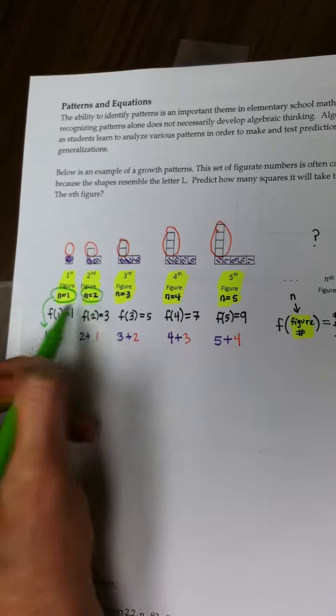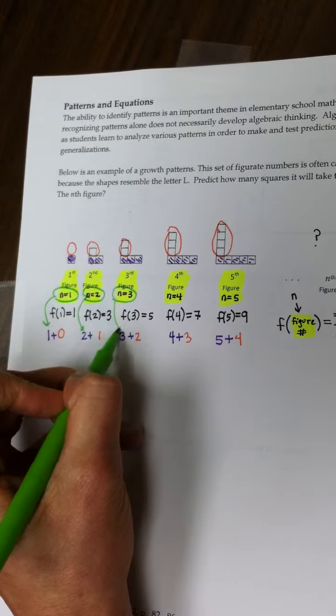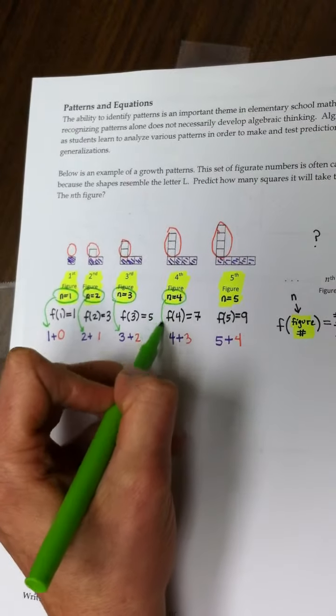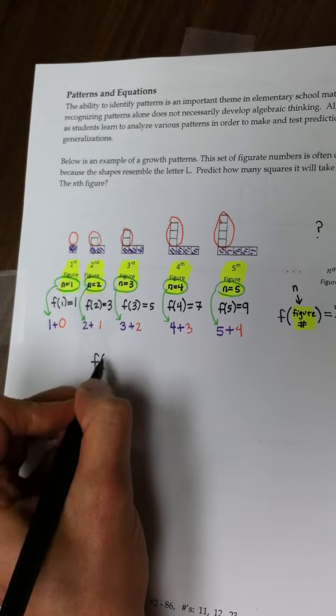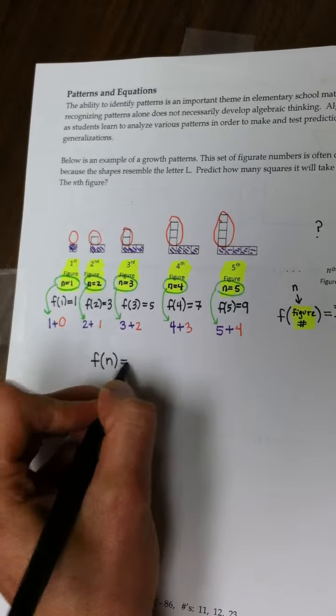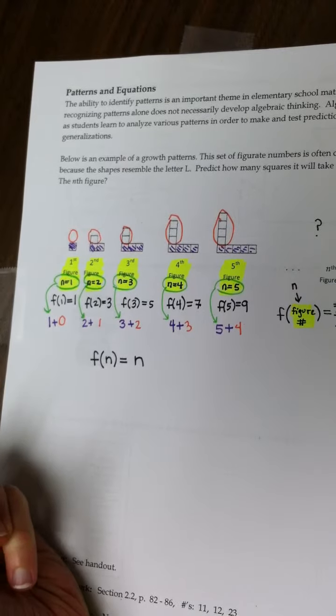My figure number was a 2, I had a 2 in my pattern. The figure number was a 3, I had a 3 in my pattern, and so on. So when I go to generalize this into my function, I'm going to plug a figure number into the function, and the very first number I want in my pattern is that exact figure number.